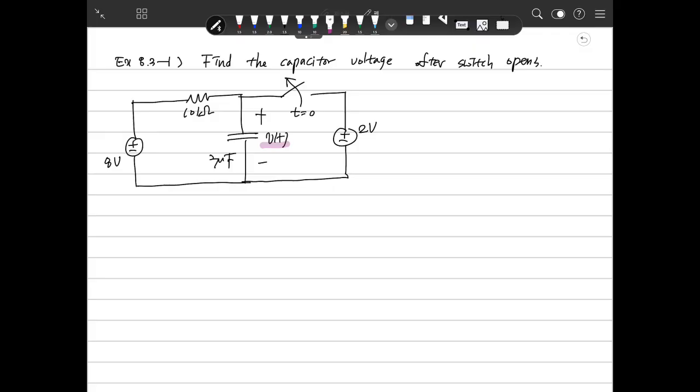So what should we do? Our concern is after t is 0. But it's a capacitor, so we want to know what is the value of V at t is 0. This is the initial condition.